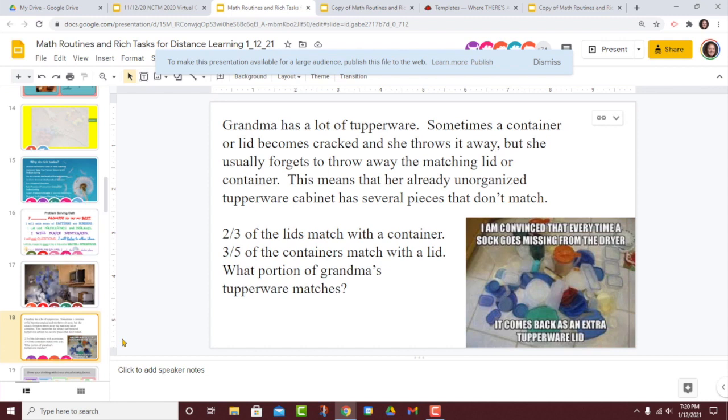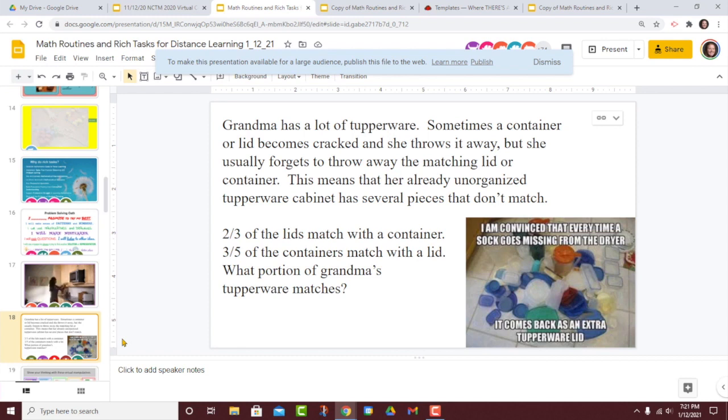On slide 18, our task says, Grandma has a lot of Tupperware. Sometimes a container or lid becomes cracked and she throws it away. But she usually forgets to throw away the matching lid or container. This means that her already unorganized Tupperware cabinet has several pieces that don't even match.